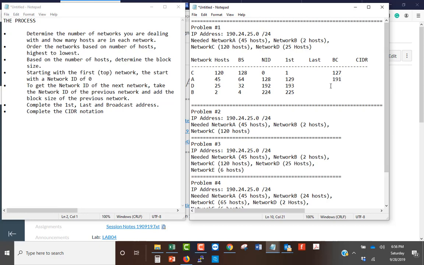Then we'll do 1 less than the 224, 223. And then for this one, because it's small, your last is going to be 226, and then your broadcast is 227. Okay.